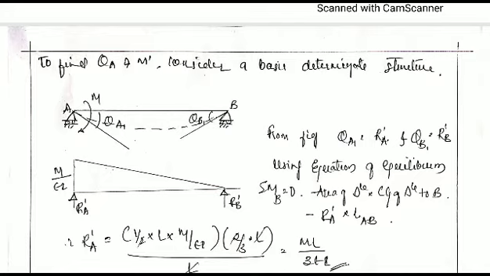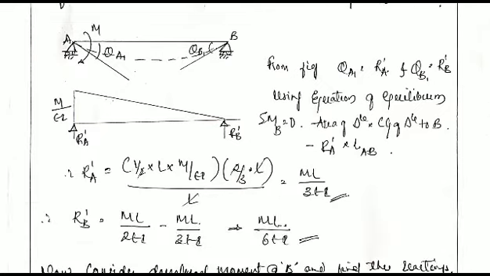Once we get this, we need to know the values of theta A and theta B. Theta A1 and theta B1 are the rotations at A and B. They are nothing but the shear forces acting at A and B, and the shear forces are nothing but the reactions at A and B. So by using the equations of equilibrium, let us find these unknown reactions so that we can find the rotations at A and B. From equilibrium, taking summation of vertical forces equal to 0, RA dash plus RB dash, which act upward, is equal to the downward load, that is the area of the triangle, half base times height.